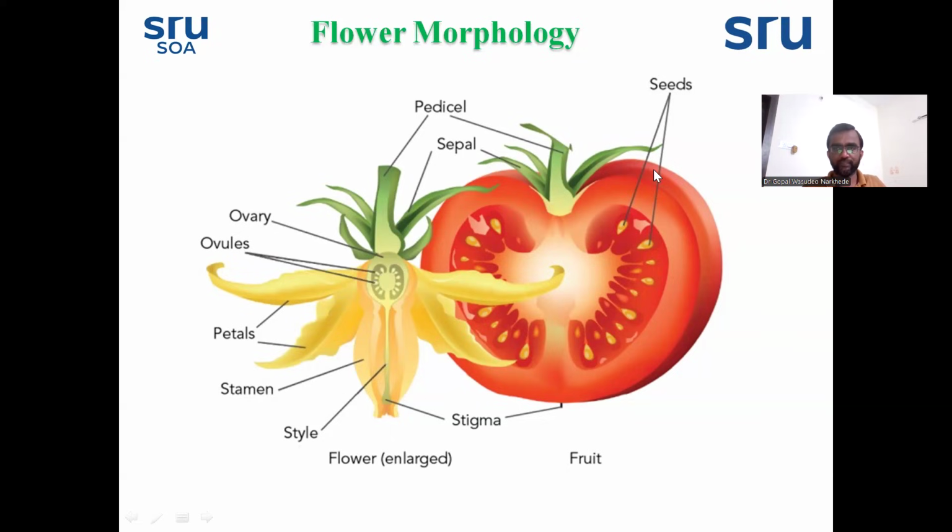Here you can see the dissection of the fruit, that is seeds. So here you can clearly see the different parts of the flower. All four whorls are there: calyx, corolla, androecium and gynoecium. With the transverse section of the fruit, you can see seeds also.